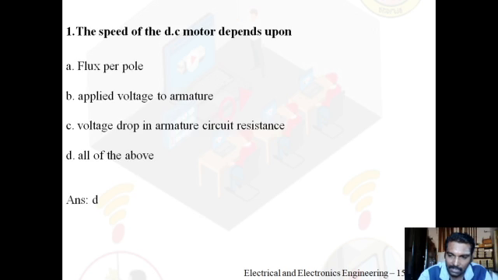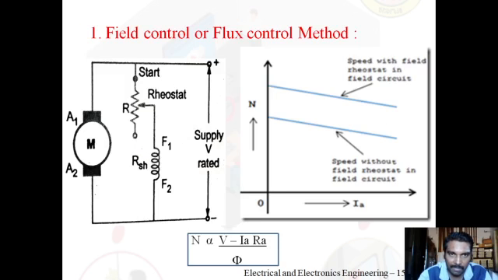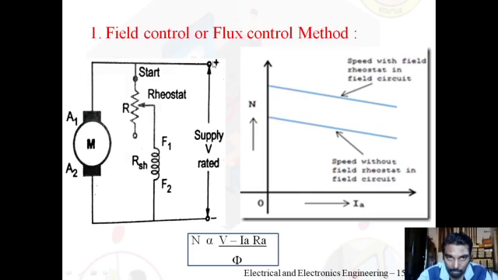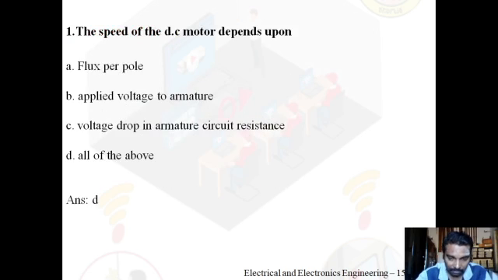We have seen the parameters: the flux, the voltage across the armature and the applied voltage. That is clear from the equation. Therefore the options are flux per pole, applied voltage to the armature, the voltage drop in the armature circuit resistance, and all of the above.